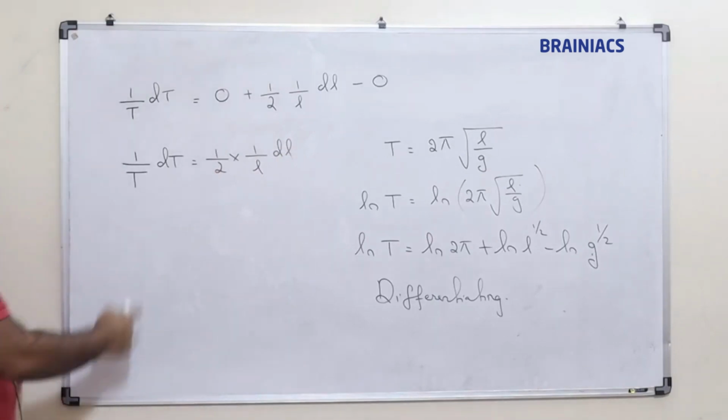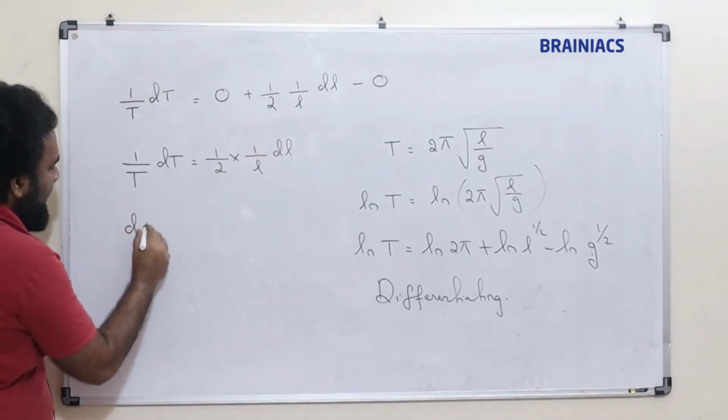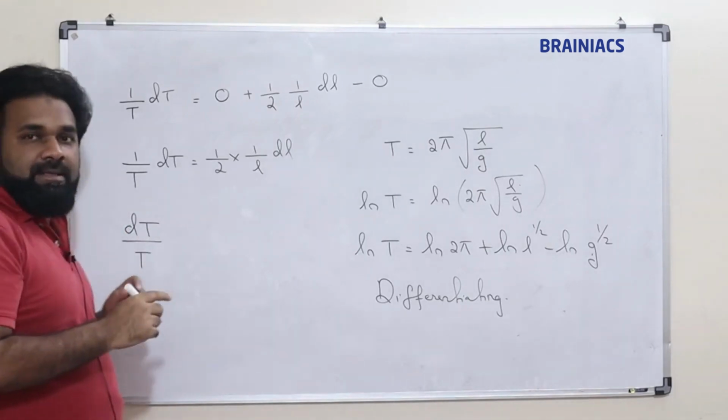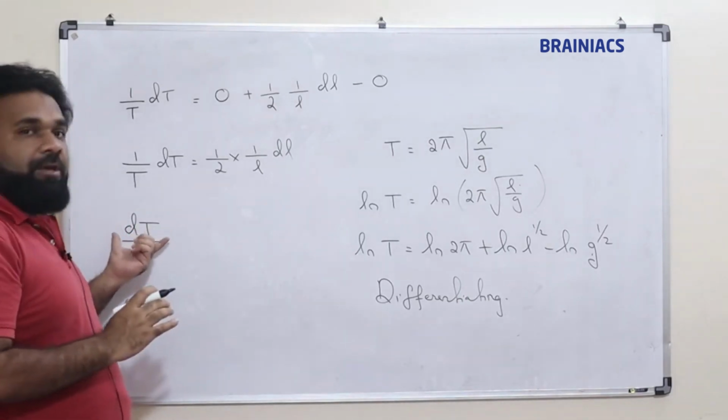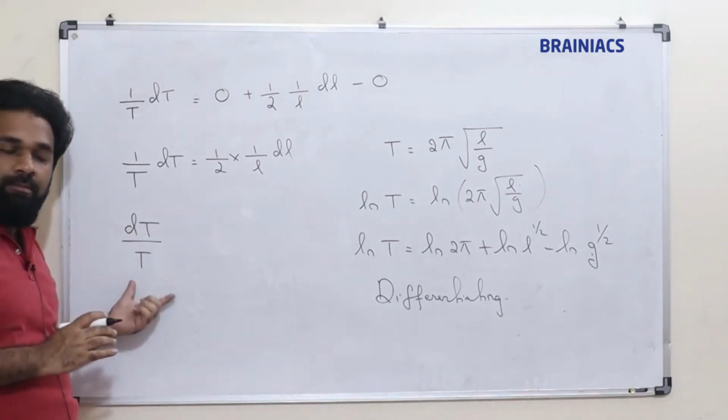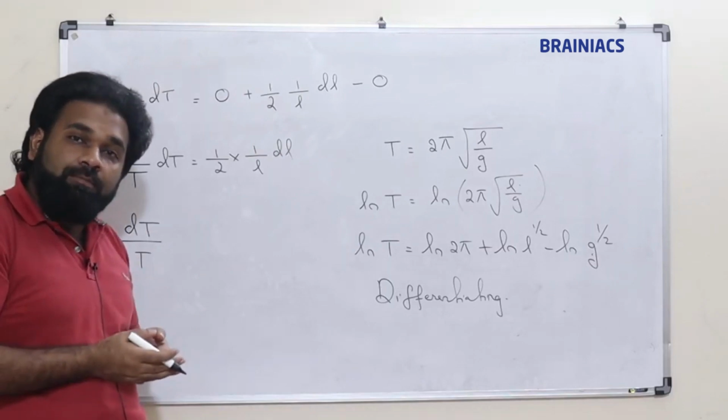If you write it like this, dt by t, what is this dt? dt is nothing but change in time period. Change in time period divided by original time period is nothing but fractional change in time period.